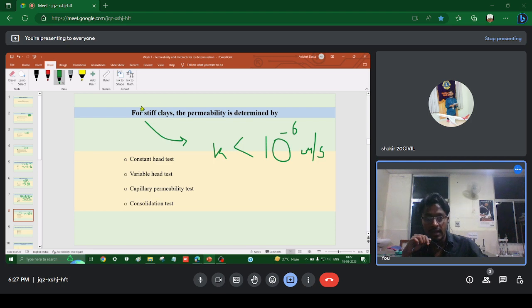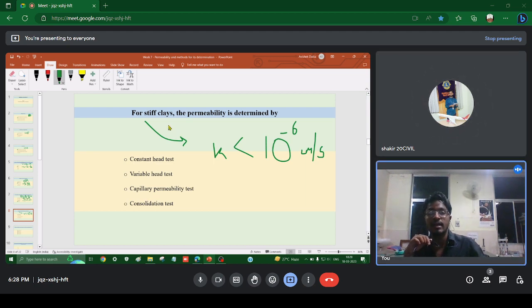If it was only clays, then you might have confusion whether you would go for variable head test or consolidation test, because variable head test is also performed for fine grained soils where discharge is less, mainly silt. But the question will not be there to confuse you.